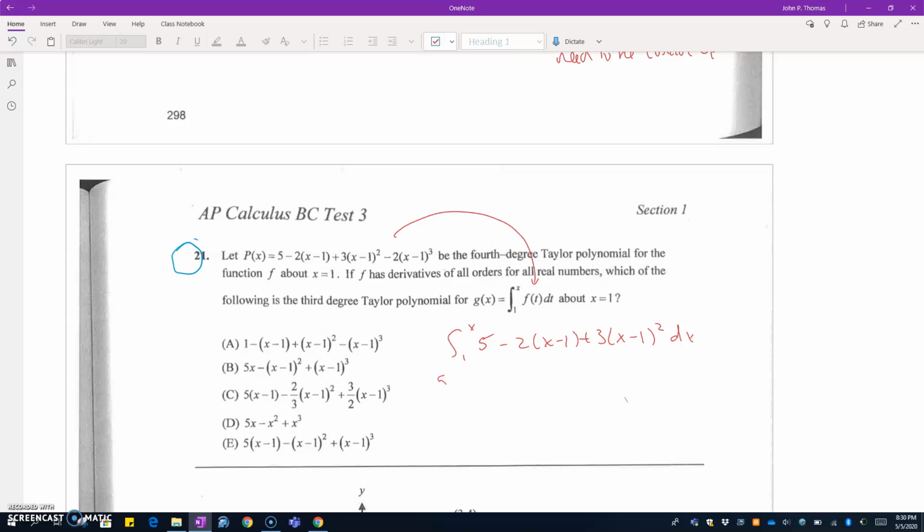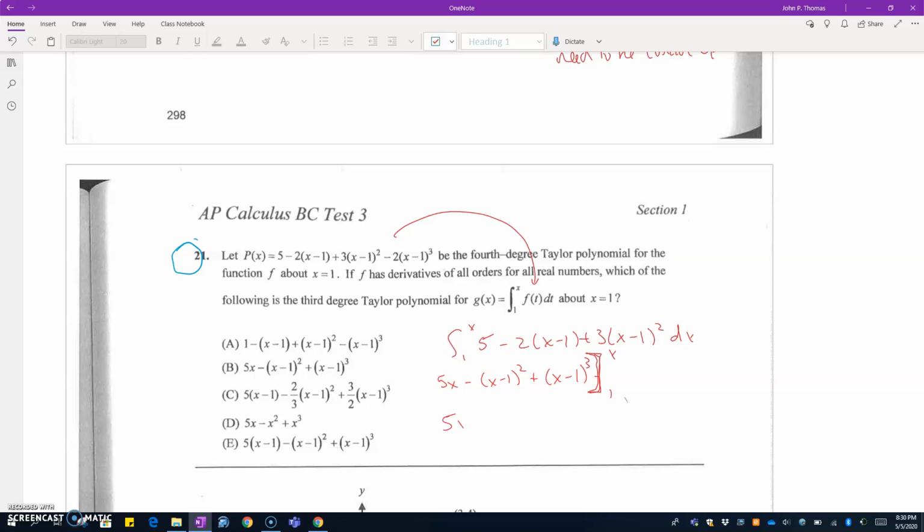All right, so if I take that antiderivative, I've got 5x minus, the 2 and the divide by 2 would cancel, so I'm left with an x minus 1 to the second. And then we've got plus, raise the exponent and divide, so the 3's cancel. I'm left with x minus 1 to the third. And we're going to evaluate that from 1 to x.